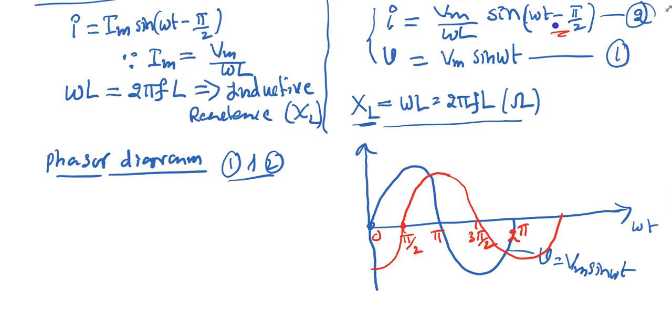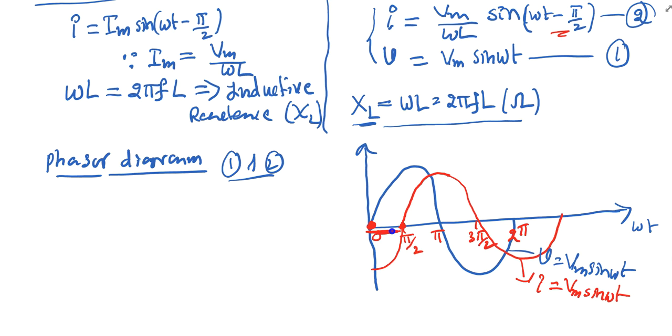My voltage waveform leads the current waveform by 90 degrees. That is what you need to understand here.